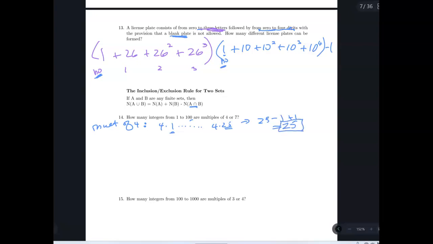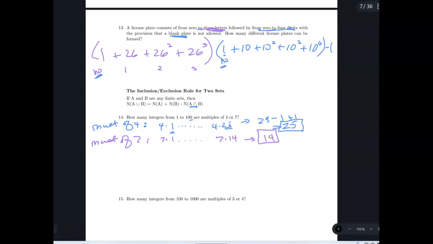All right, so now I'm going to do multiples of 7. So I'll have 7 times 1, all the way to 7 times 14. And that gives me 14 minus 1 plus 1. So I see that there's 14 multiples of 7.